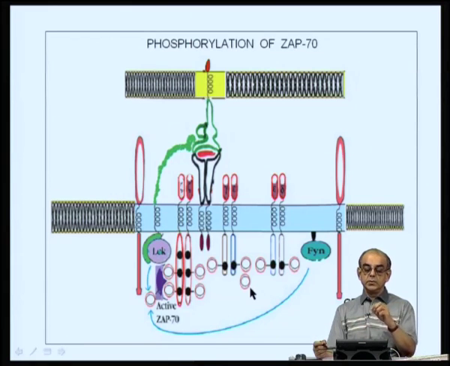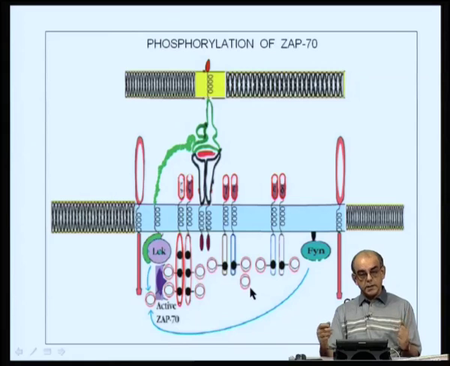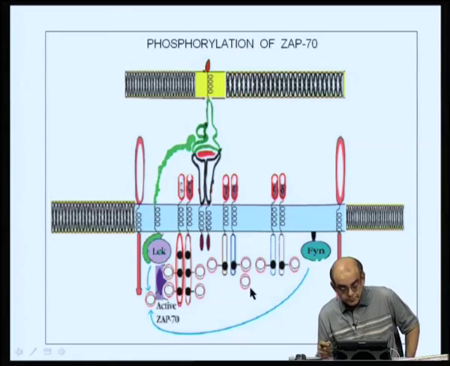Naive T cells that do not activate their T cell receptor, in other words, naive T cells that have not seen the antigen via the T cell receptor, are not activated, and therefore, they do not synthesize this IL-2 or other kinds of lymphokines.